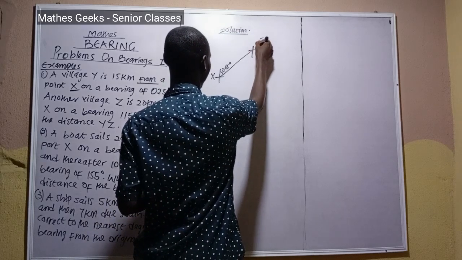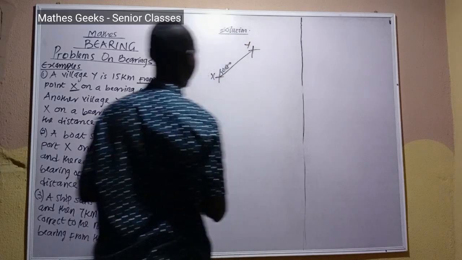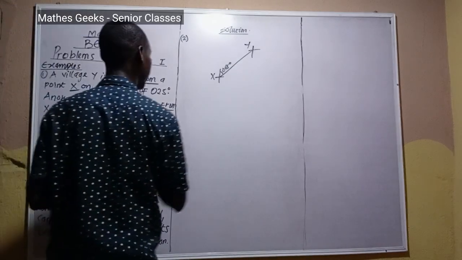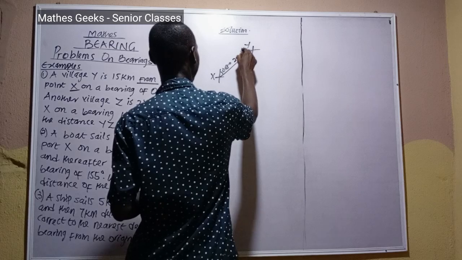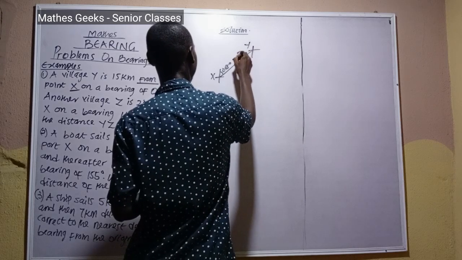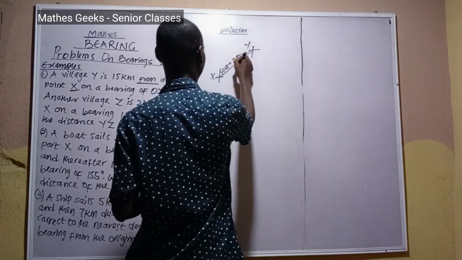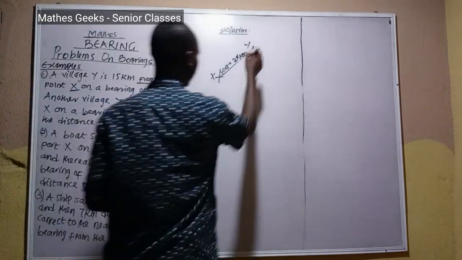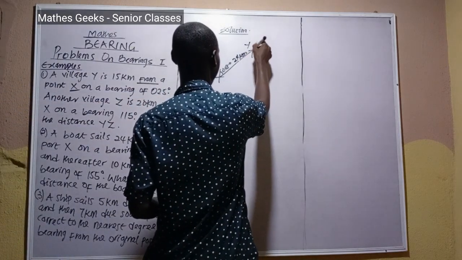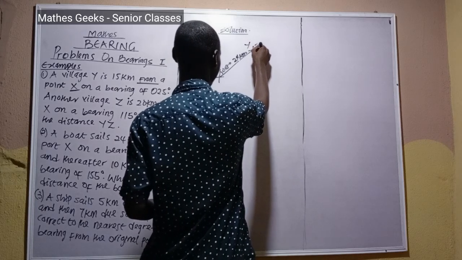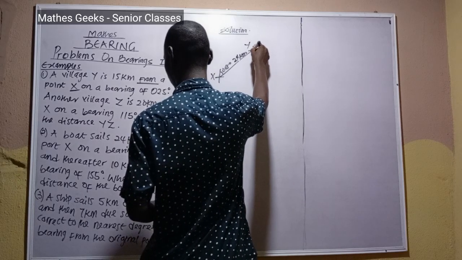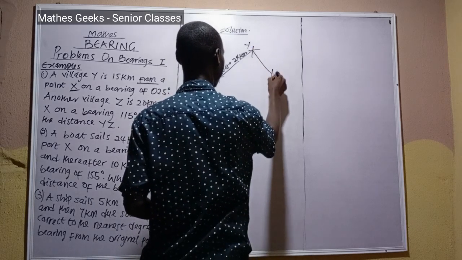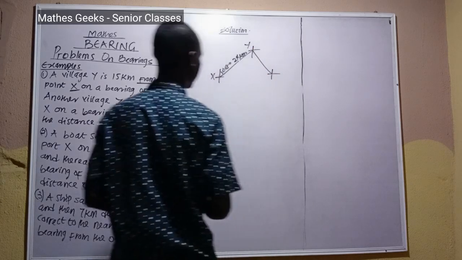Let's say Y. So from point X, 24 kilometers here, and thereafter from Y, 155 degrees from the north, so the line here will give us 155 degrees on 10 kilometers. So that's where it's going to be.